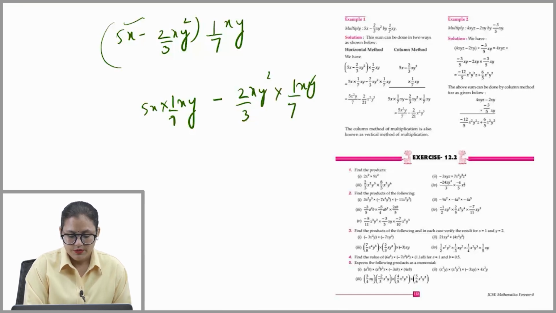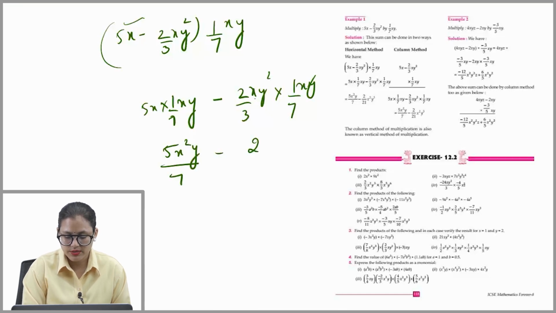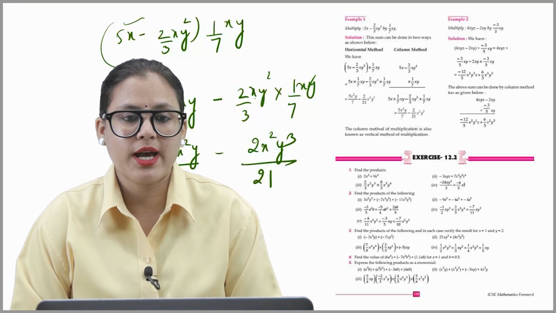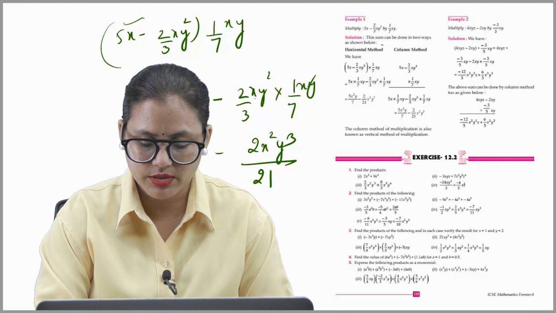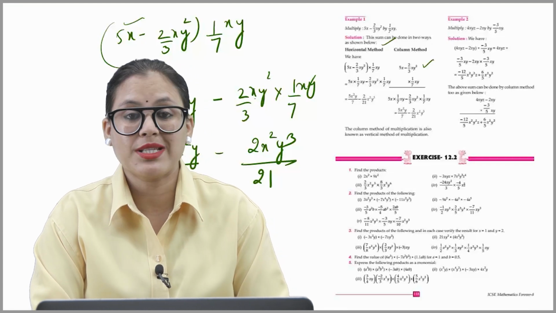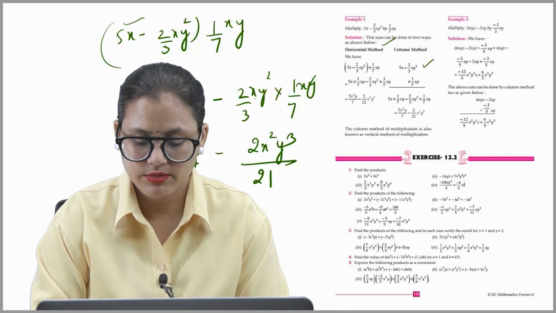That gives 5x square y by 7 minus 2x square y cube by 21. So this is also known as the horizontal method, and there is the column method. Through this method we can also calculate this.